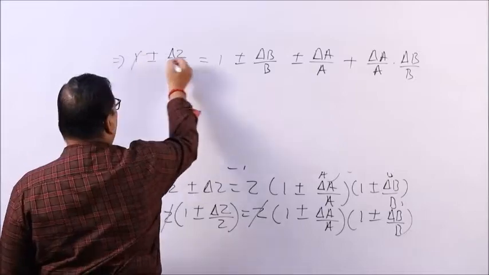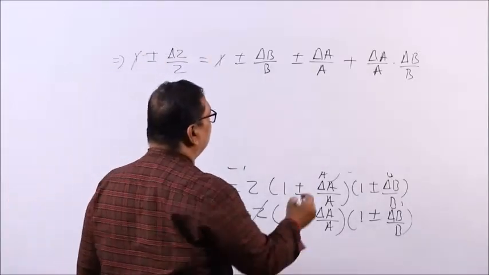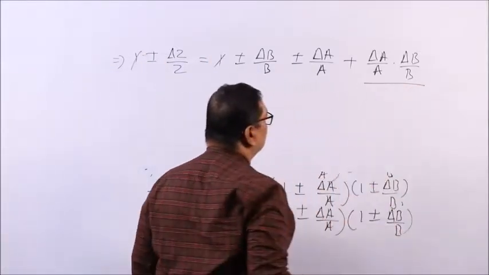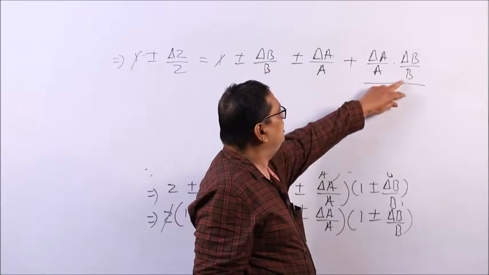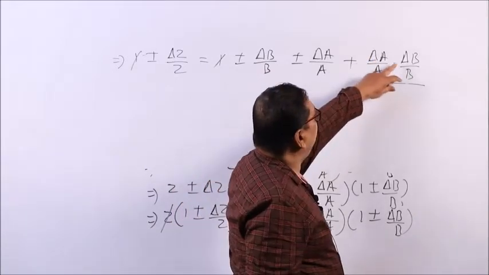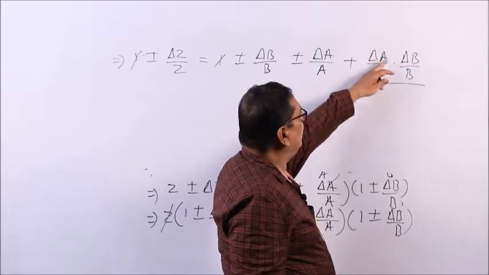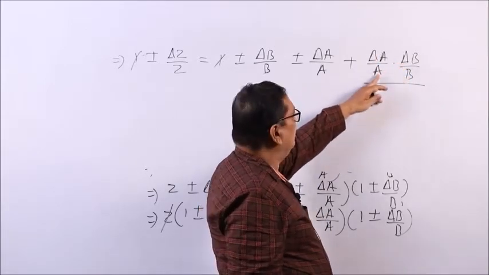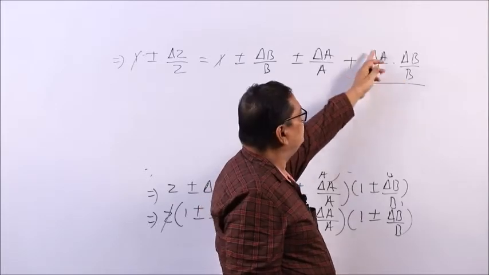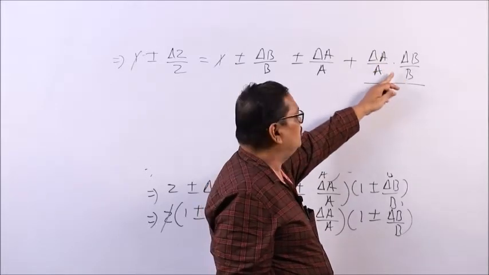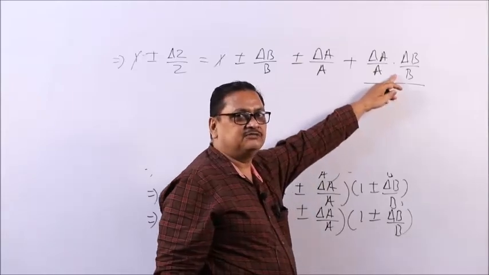Again 1 cancel, and here you mark this last term. Here the denominator is a into b, but the numerator is delta a into delta b. Delta a, delta b are very small and a and b are very large. Since the denominator is very large, the value of this term is very small. So, this term can be neglected.